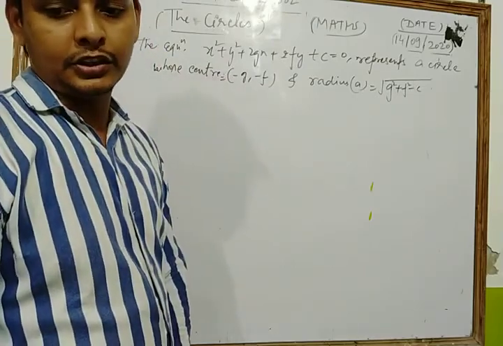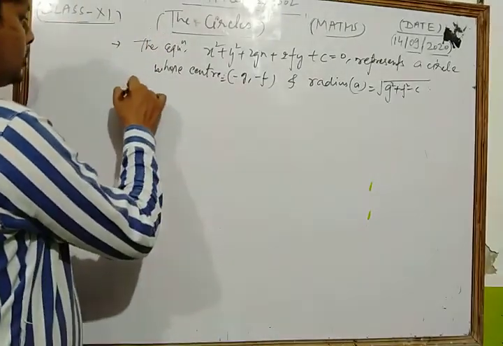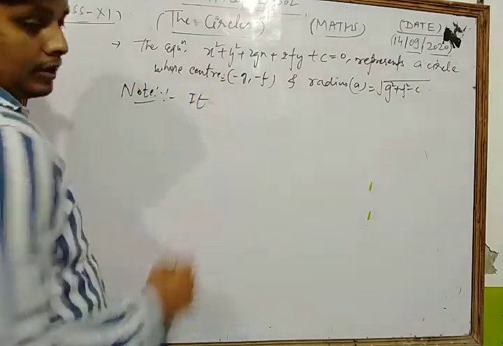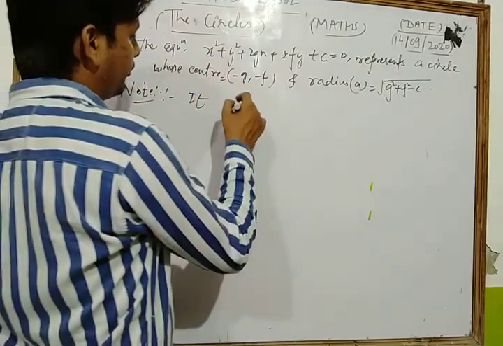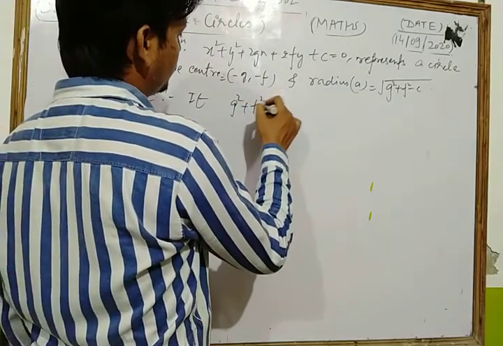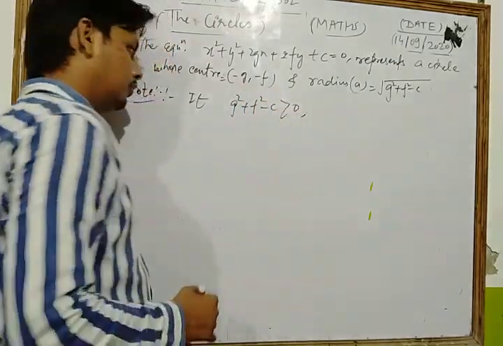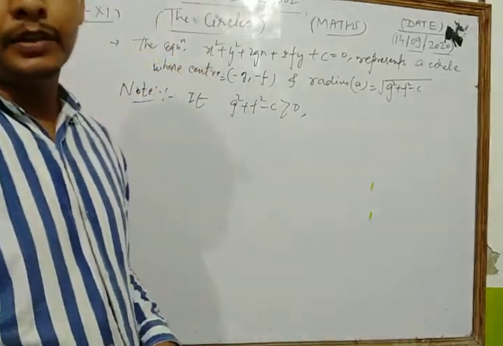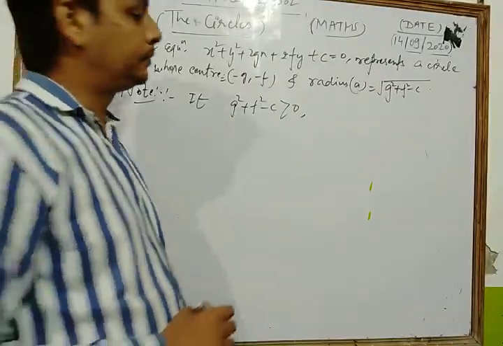One important relation, please note down: if the value of g square plus f square minus c is greater than 0, it means that the radius is real.